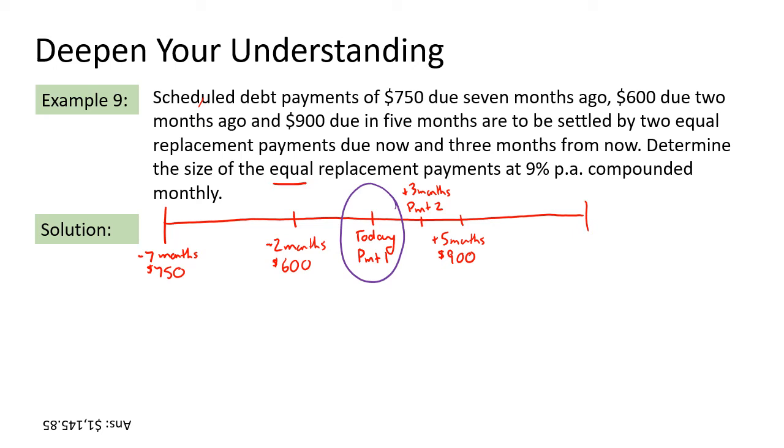And since they're equal, that means we usually set that value to something like x. So looking at this problem, we actually have 2 payments that would have to move into the future, or you do a future value calculation for, and 2 payments that we have to go into the past, and we have to do a present value calculation for.